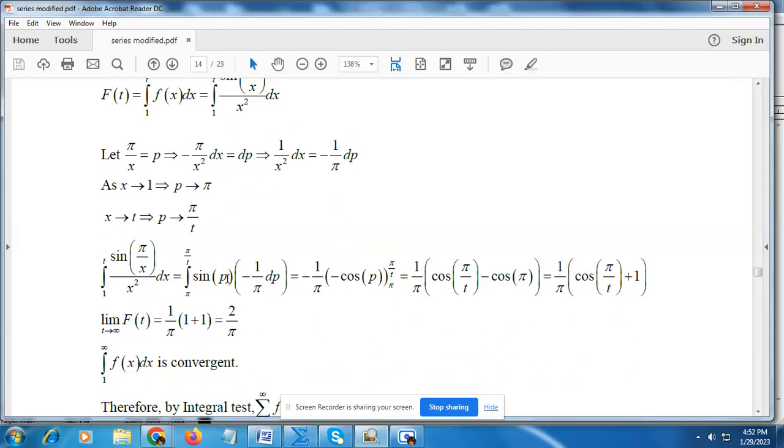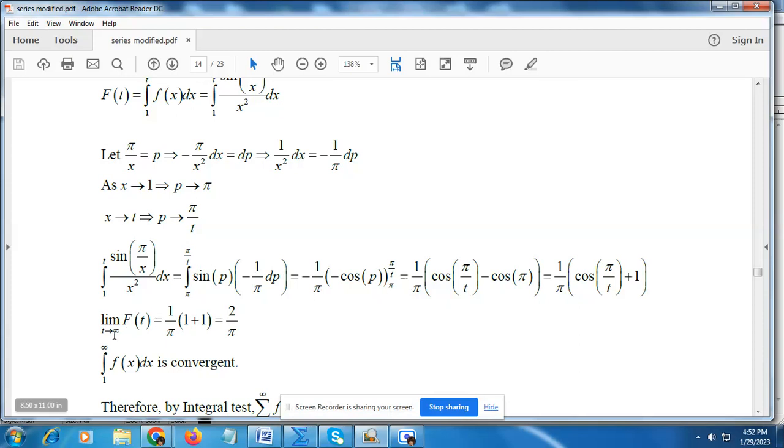With pi by x as p and 1 by x square dx as minus 1 by pi dp, minus 1 by pi is a constant. The integral of sin p dp is minus cos p. Then release the limits.